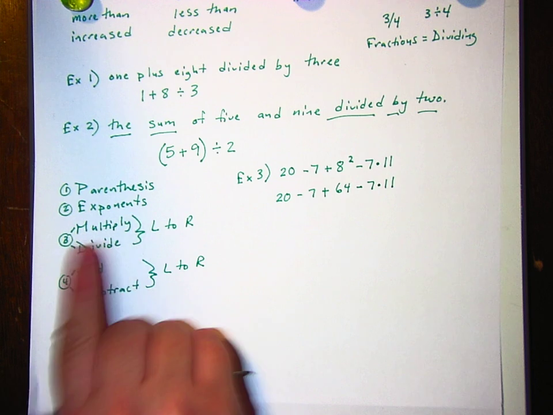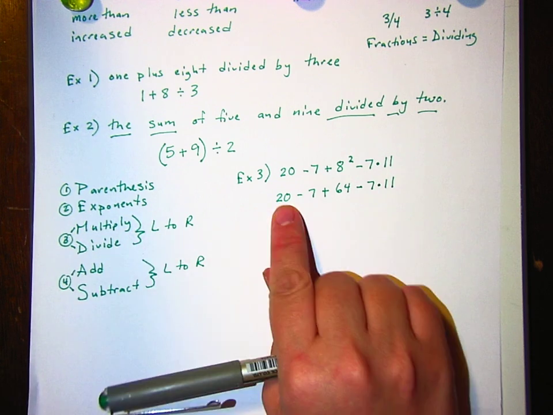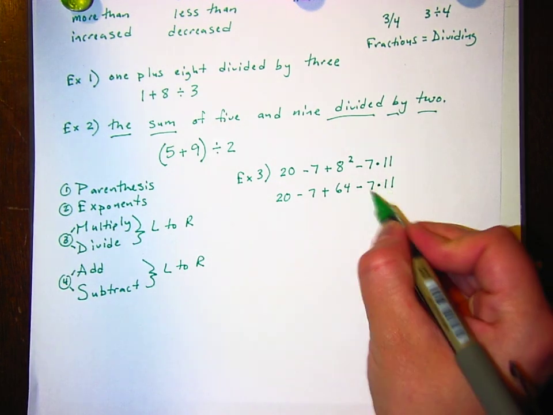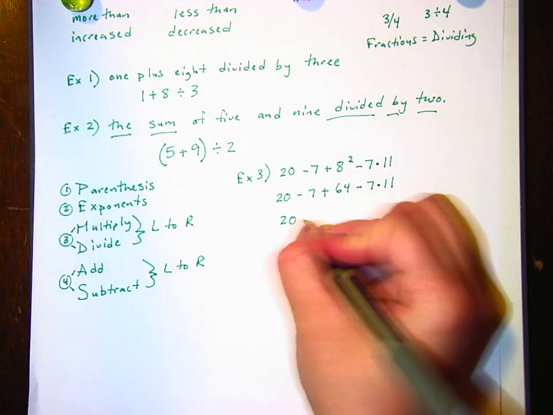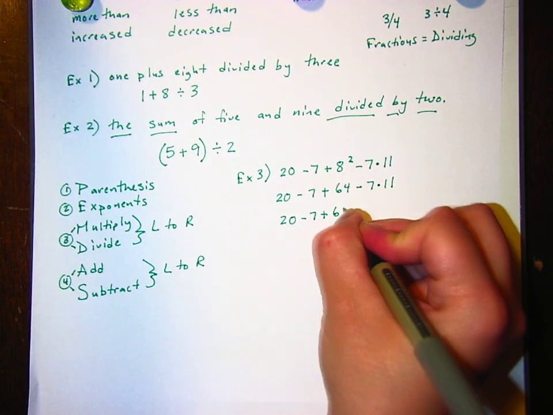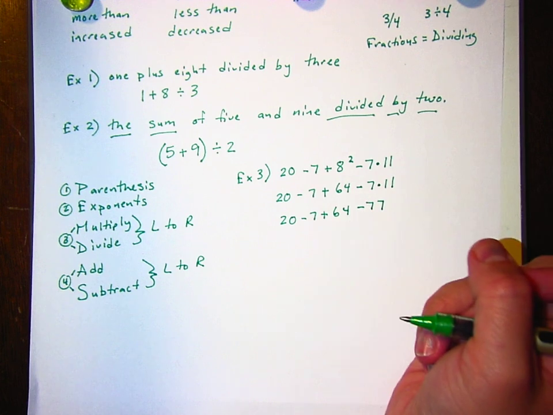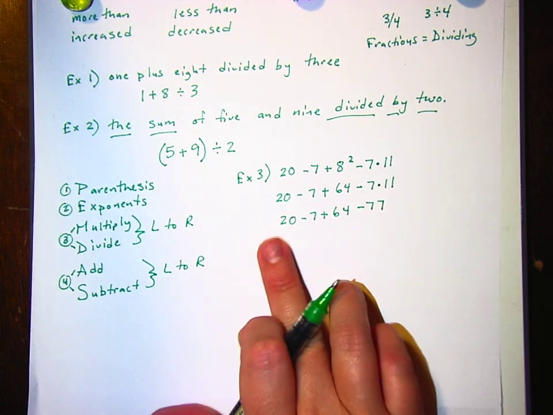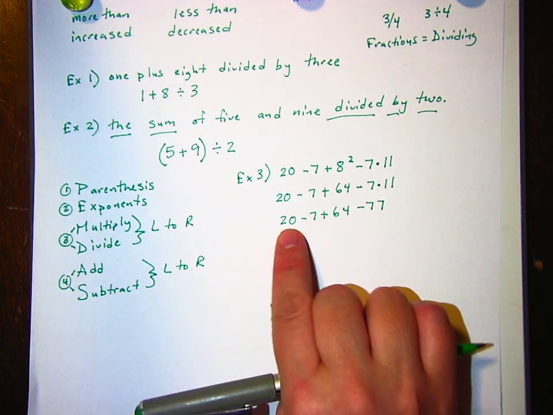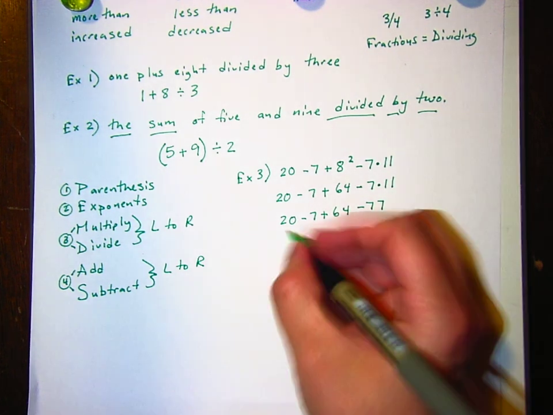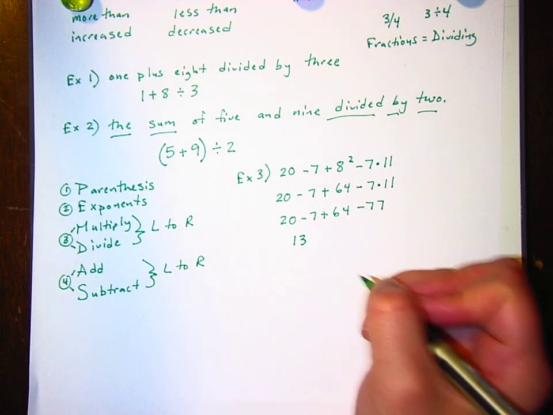So I've done exponents. Now I'm going to multiply and divide going left to right. It looks like there's only one multiplying, but it's at the end, so I've got to do that next. 7 times 11 is 77. And then I'm going to add and subtract left to right. So the first thing I'm doing is 20 minus 7, which is 13.